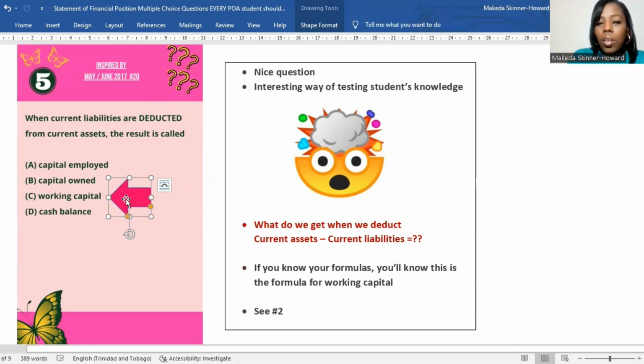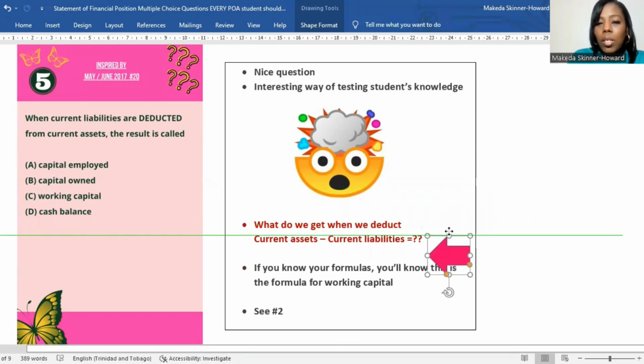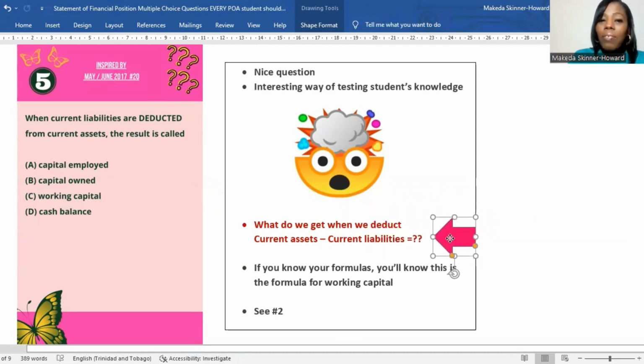So write this formula down in your formula book. Make sure you learn it because it's going to come in very handy, and you can test this formula in a number of ways. Current assets minus current liabilities is going to give you your working capital.